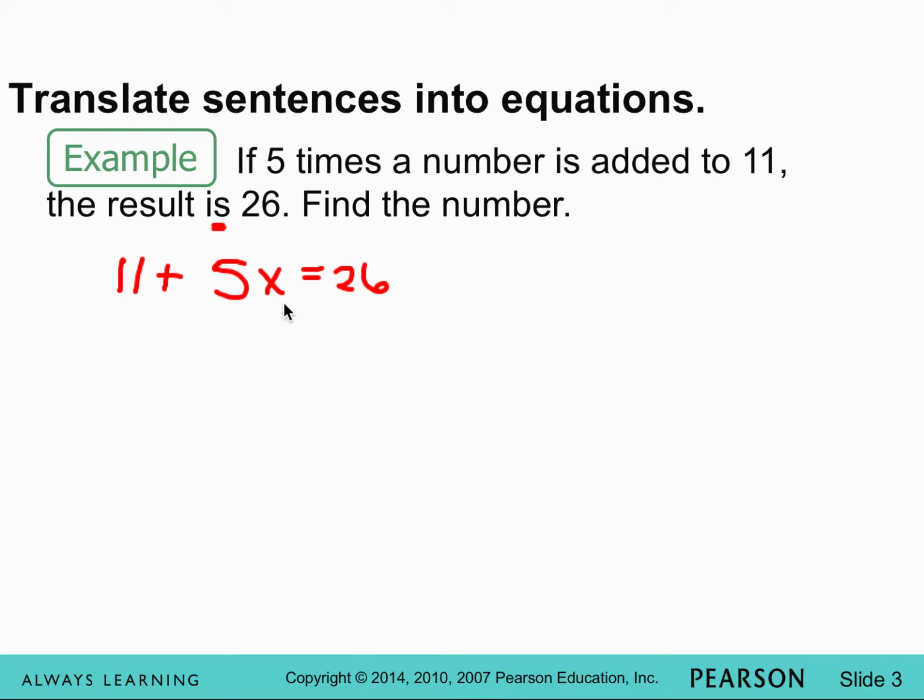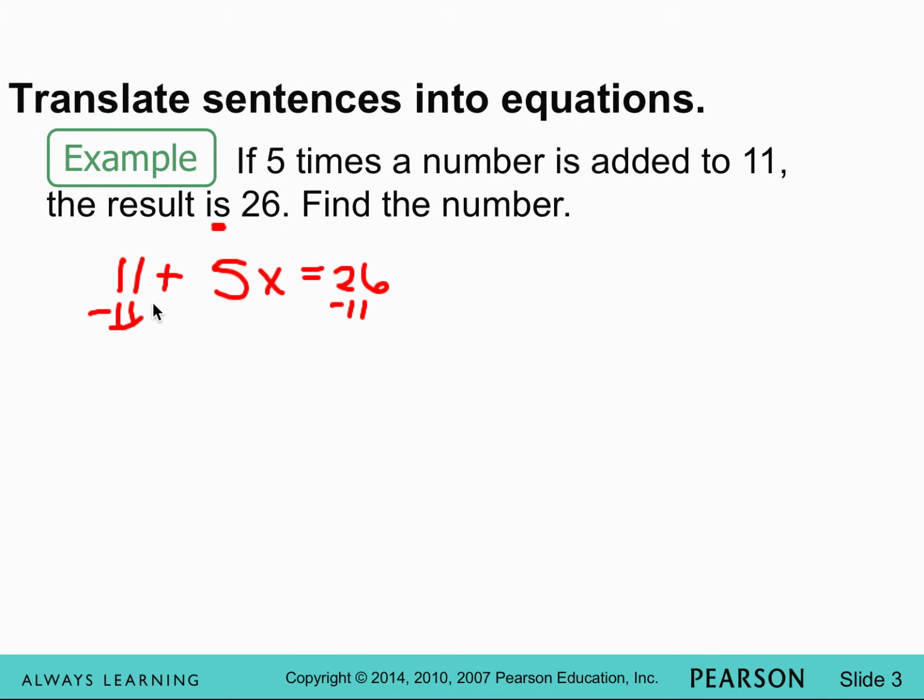Now let's find the number. Oh, we've got an equation. We can solve it. On expressions, we couldn't solve any of those expressions and tell you what the variable represented, right? But with an equation, we can solve it. Okay, so I've got to subtract 11 first because there's no other steps, no fractions, no parentheses, no simplifying.